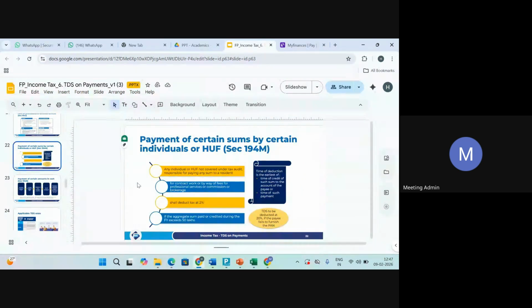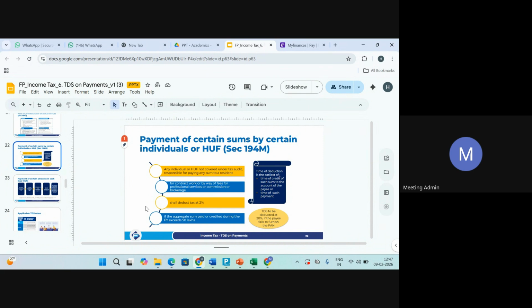Let us discuss next: payment of certain sums by certain individuals or Hindu undivided families. Here are special cases for a certain amount based on the total amount of the individual, if they are dealing individually, or if they are entrepreneurs, or a single man running the company.